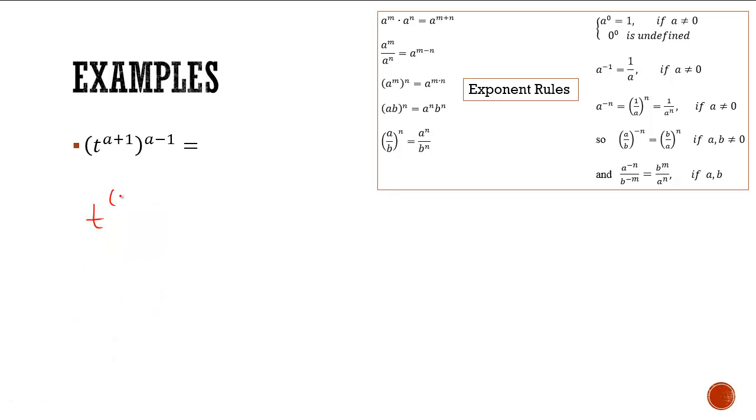And similarly, you could have a plus 1 times a minus 1 in a bracket, so we need to multiply it all out. When you distribute, you get a squared minus a plus a minus 1. Middle terms cancel, you get t to the power of a squared minus 1.